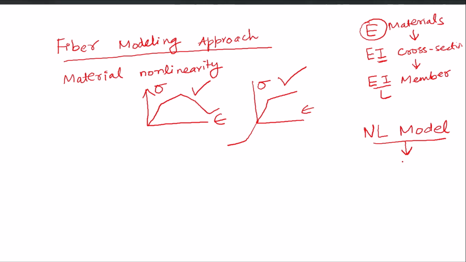A linear model can be very deceiving because you may be applying a force which is far more than the capacity of your computer model, but the model is not able to predict or capture the failure. A nonlinear model, on the other hand, will be able to tell the user after the analysis that this much damage has occurred because of the applied loading and how the structure actually performed under that applied loading.